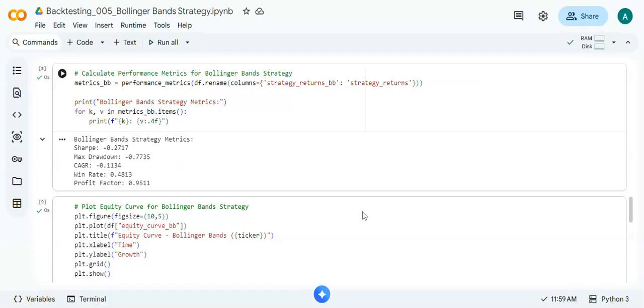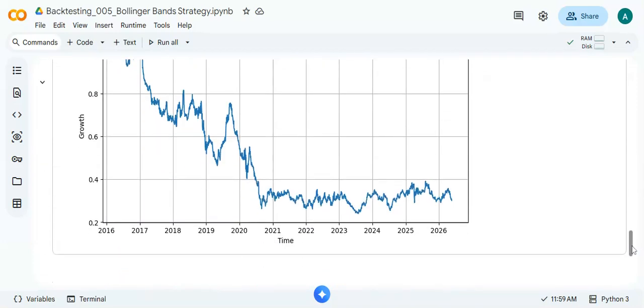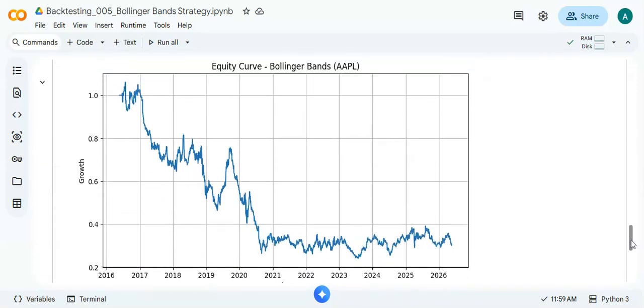As you can see, and we can dive into the visual part, if we backtest the strategy from 2016, you can see on the x-axis and on the y-axis our growth and equity curve for Apple is going down, and there is not much volatility at all after mid 2020, after the pandemic.